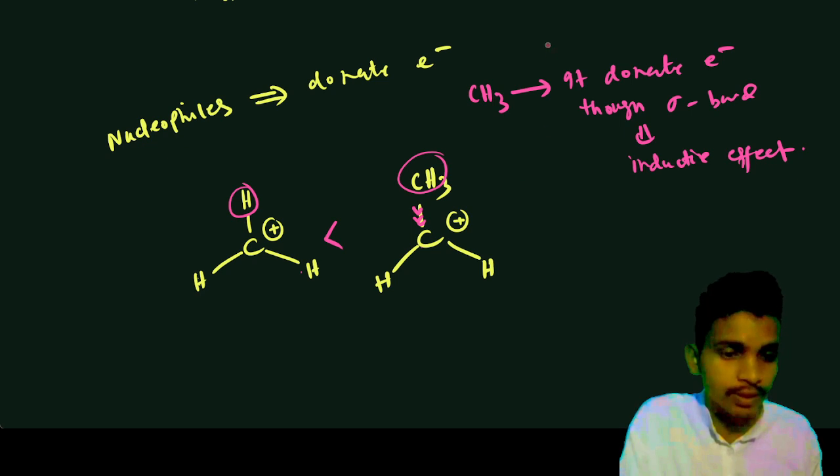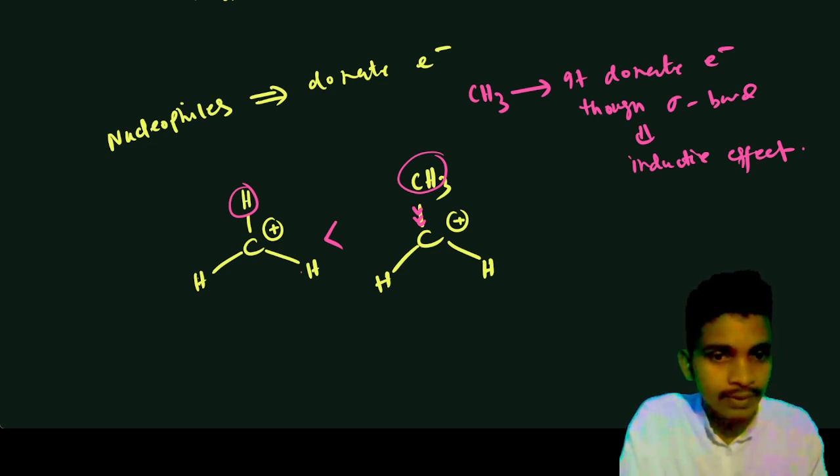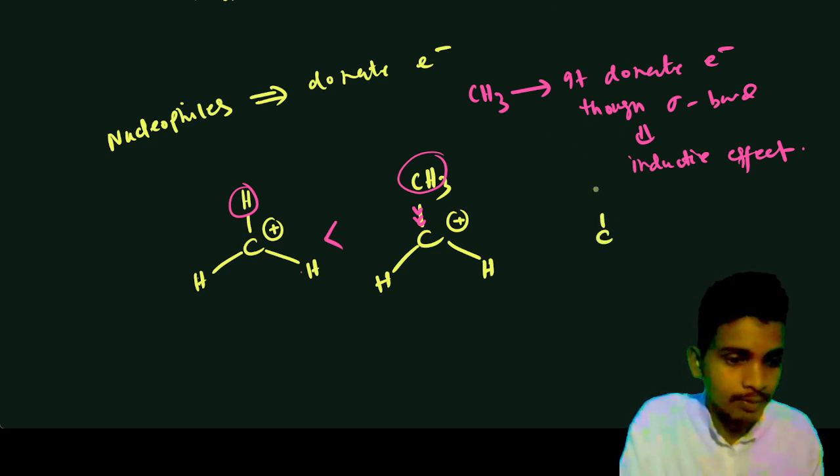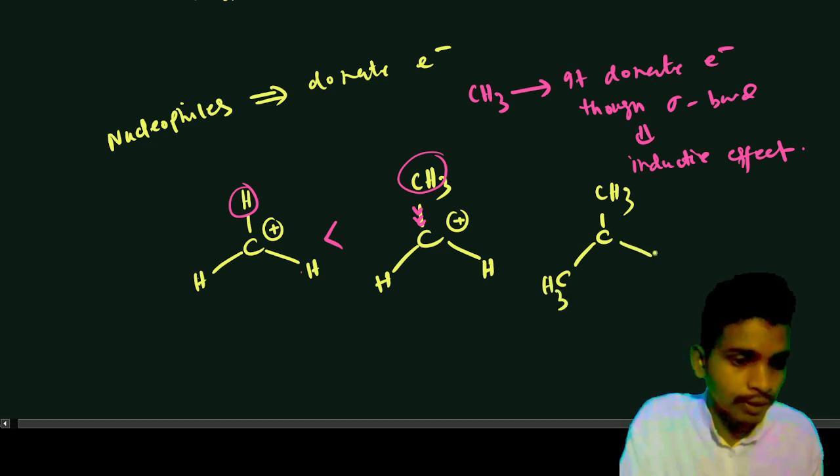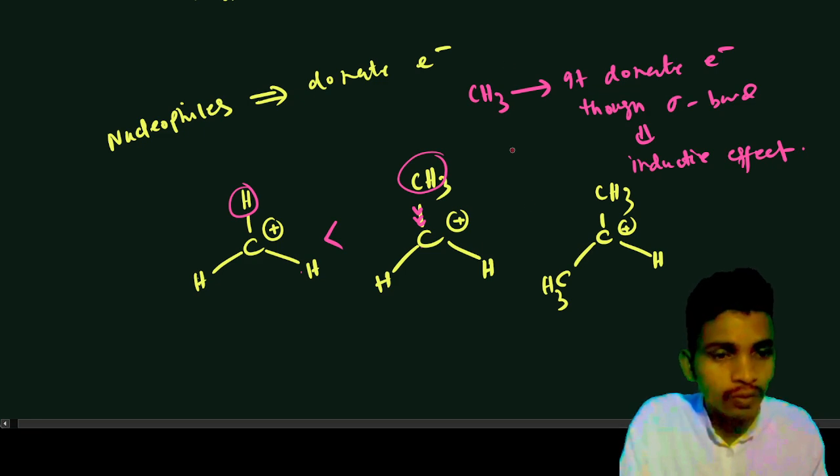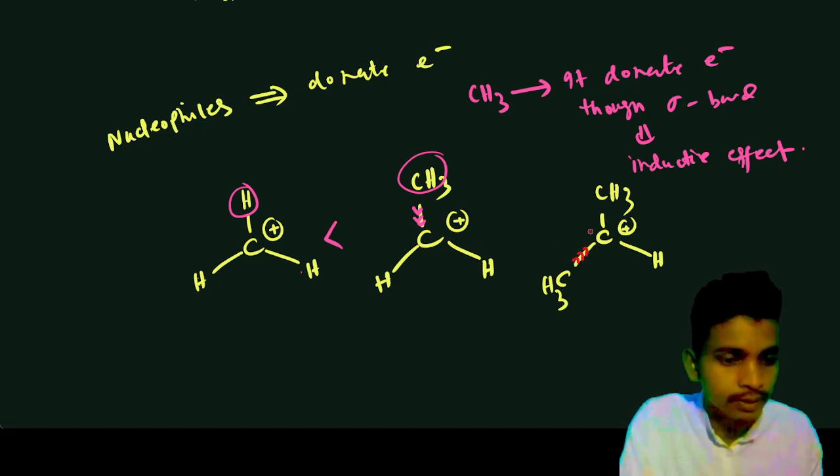Similarly, if you replace another hydrogen with one more CH3, both groups donate electrons, so this carbocation gets more stabilized than the previous one.